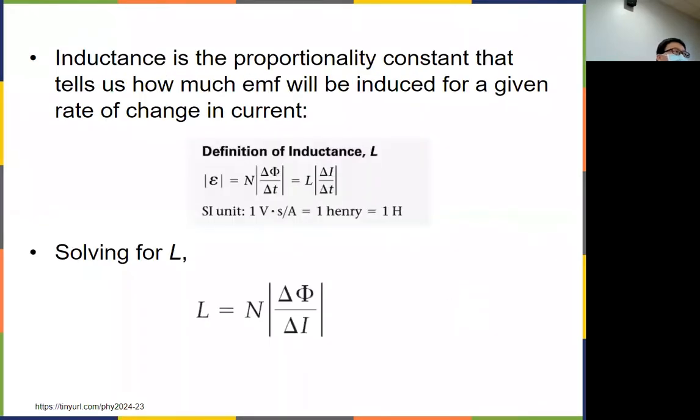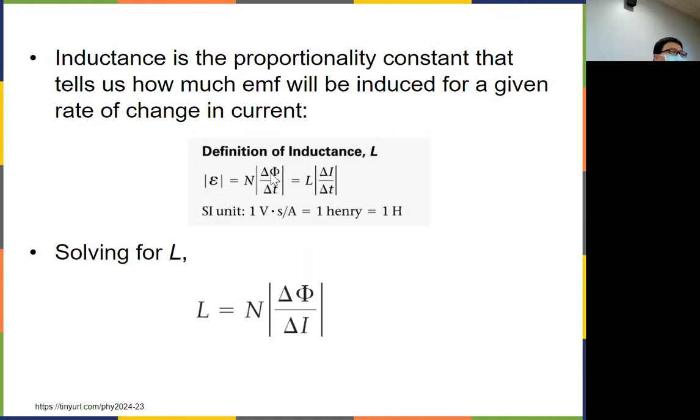The reaction of the coil to the signal, we call inductance. It's defined by calculating from the voltage induced, which equals the number of coils you have times the change in flux divided by change in t. This is again from Lenz's law.